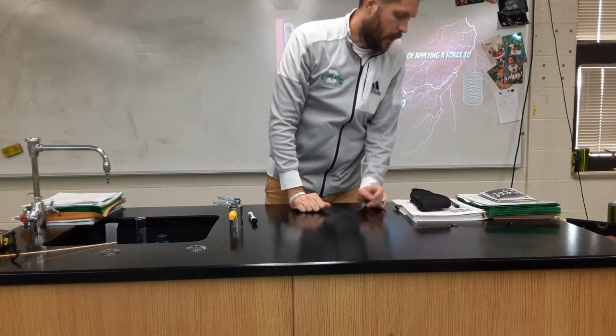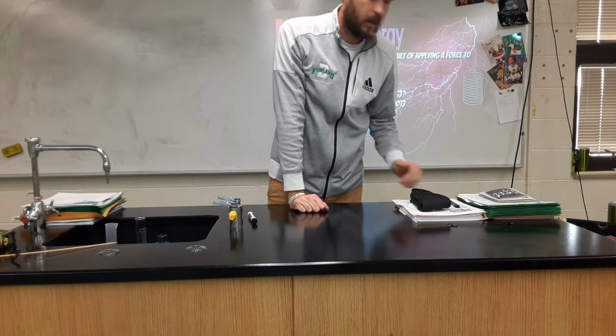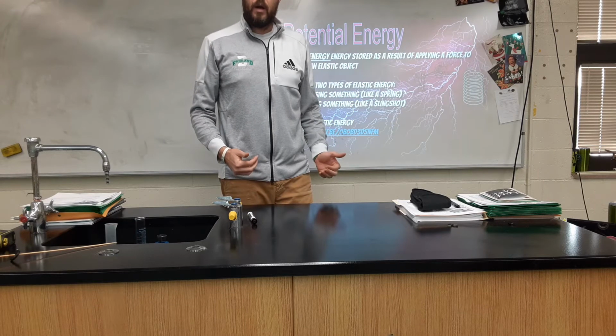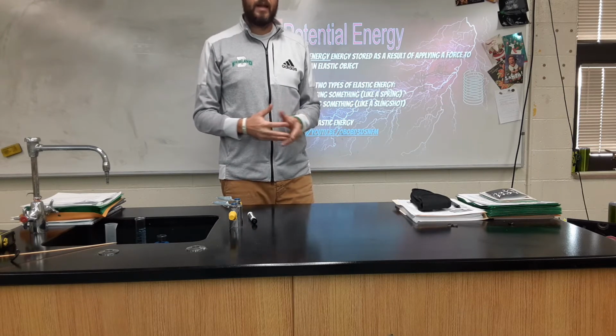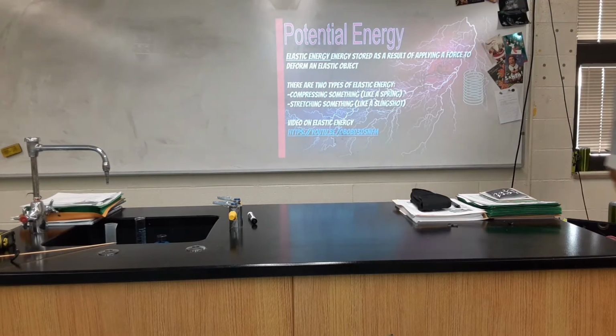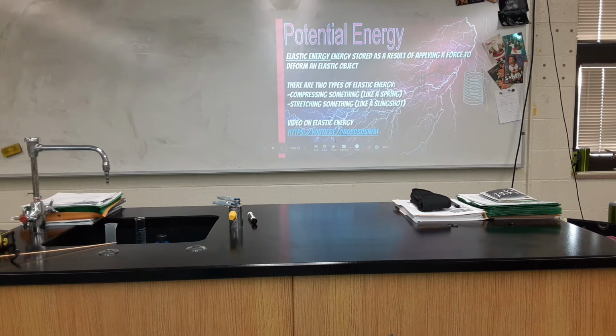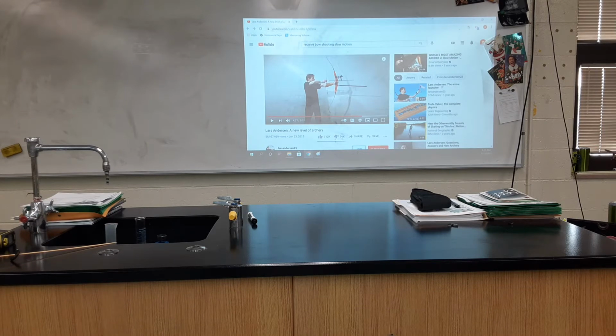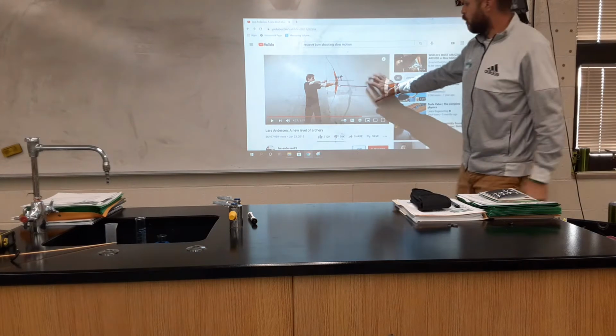So a couple of examples of this. We talked about in the last video pole vault and a bow and arrow. We're going to look at a couple of videos here really quick, starting with a bow and arrow. I want you to watch as the archer pulls back the string.